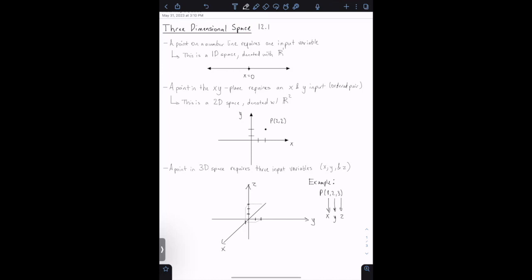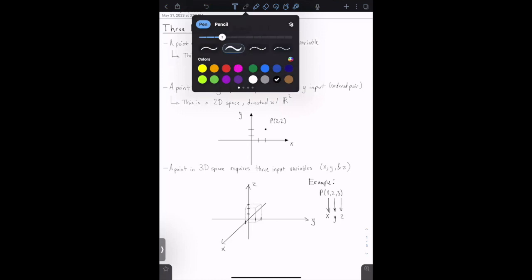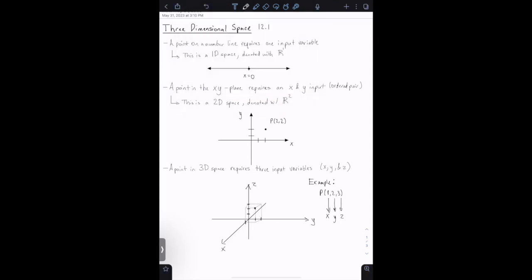This is just to illustrate how the point is positioned in three dimensions. You want to make sure you're going the correct amount of steps in each direction. So this is our point (1, 2, 3) in three dimensions, this little point here.